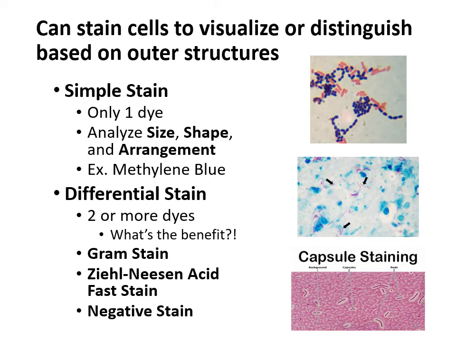The one that you'll be doing in lab soon is the Gram stain, and the Gram stain allows us to differentiate cells based on cell wall composition. So basically, is the cell Gram positive or is the cell Gram negative? If you look at the figure over here, this is an example of a Gram stain. The purple cells are Gram positive, whereas the pinkish looking cells are Gram negative.